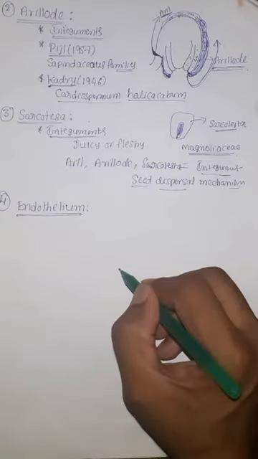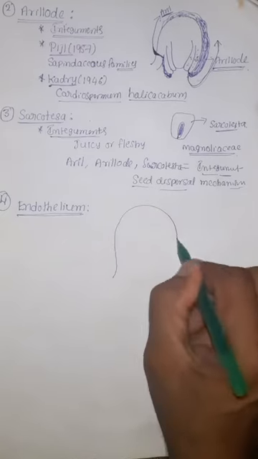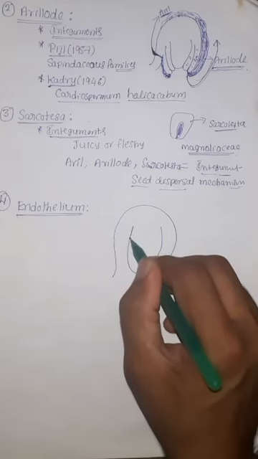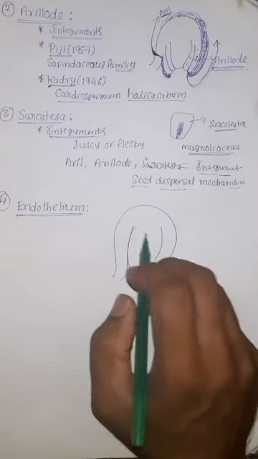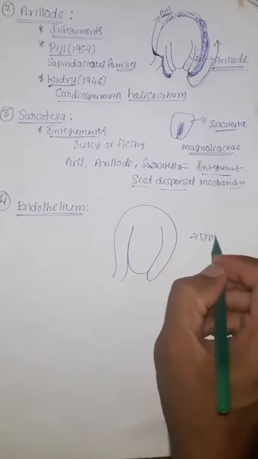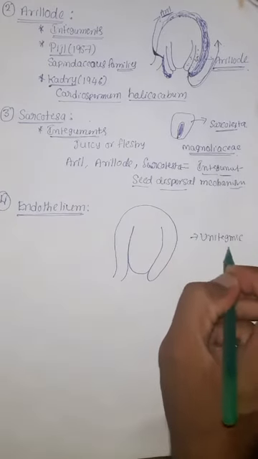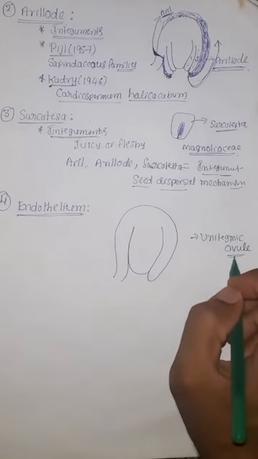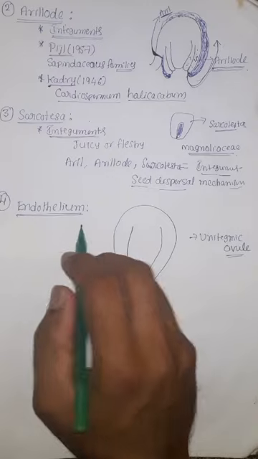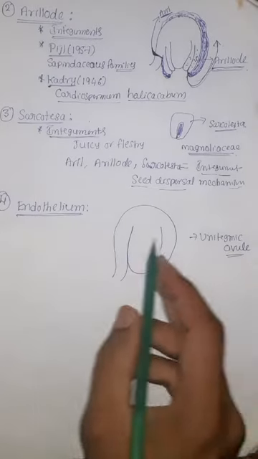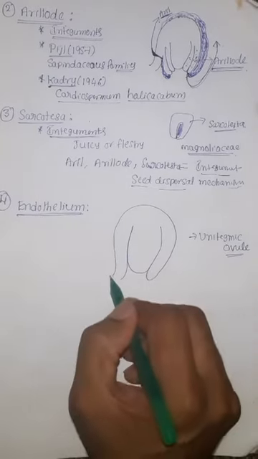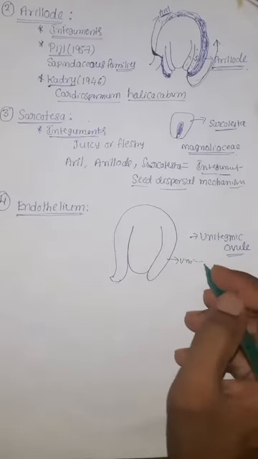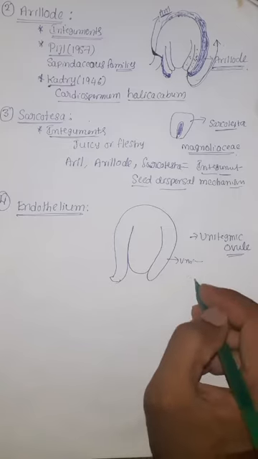In some ovules, mainly this endothelium we can observe in unitegmic ovules. Whatever plants have unitegmic type of ovules, this endothelium we can usually observe. That's why I drew one unitegmic ovule here. Unitegmic ovules are found commonly in gamopetalae plants.